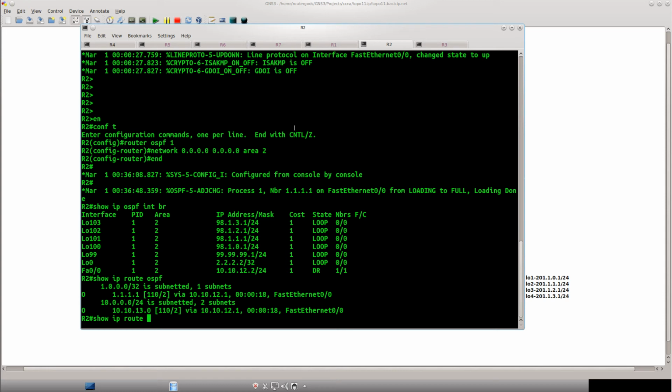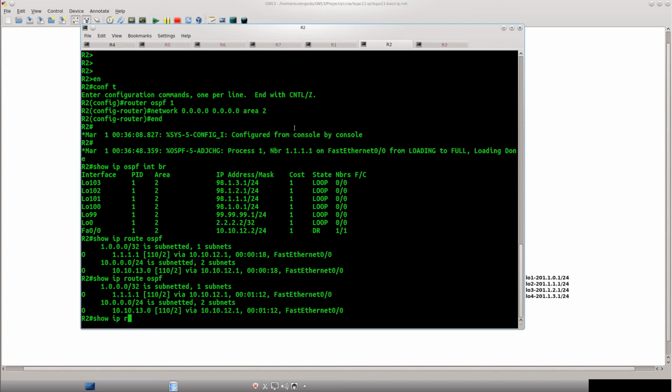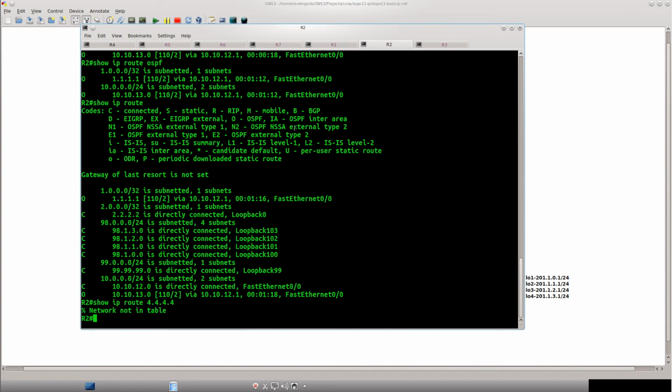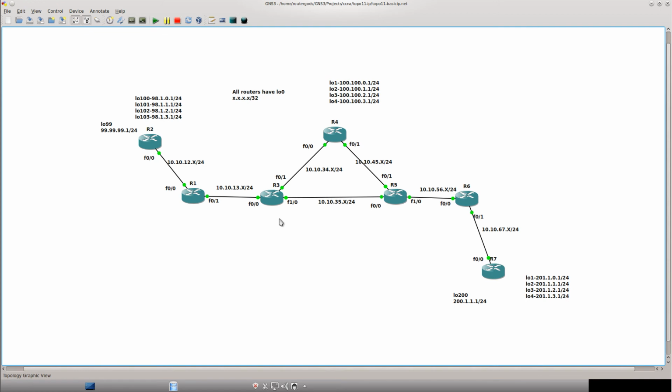So show IP route OSPF. You've already done that. If you just do a show IP route, we have nothing, no funny business here. If you show IP route 4444, it's not in there. So you cannot get into that center triangle. The reason for this is, if you have multiple areas like we do, we've got an area 1 there, and we've got an area 2 on the other side.